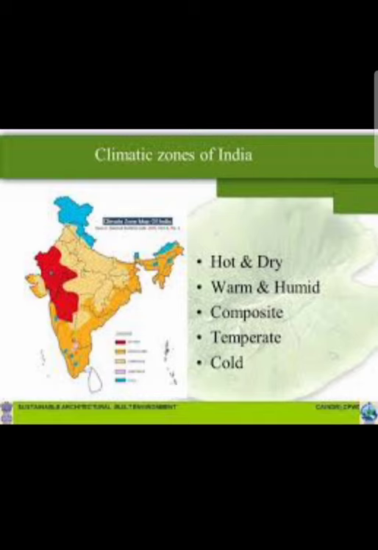India is home to an extraordinary variety of climate regions, ranging from the tropical in the south. What do you mean by tropical? That means a hot region, a hot climate, is called tropical.